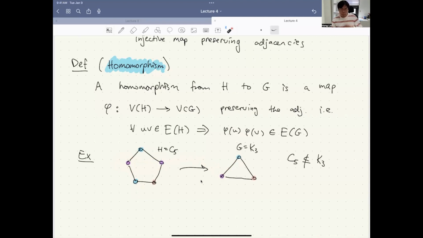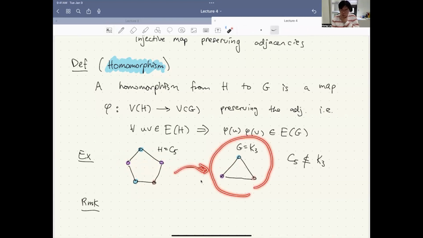So just to understand this definition, here's a remark. Using this homomorphism language, now I give a very special example.